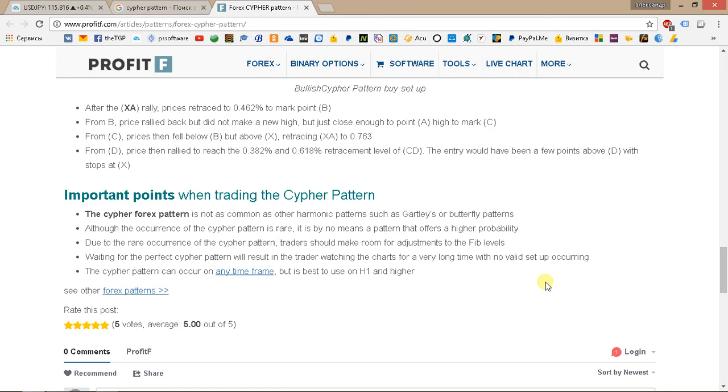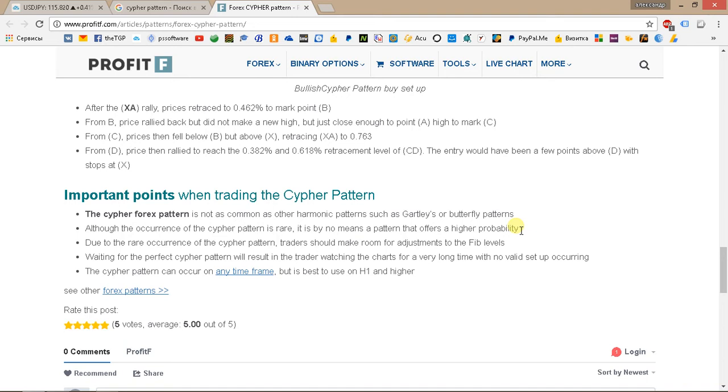It is one of the most frequent patterns. Although the occurrence of the cipher pattern is said to be rare, this is a lie. It is by no means a pattern that offers a low probability; it has the highest probability of all those patterns. When you trade ciphers, Gartleys, butterflies, or what else? Bats.